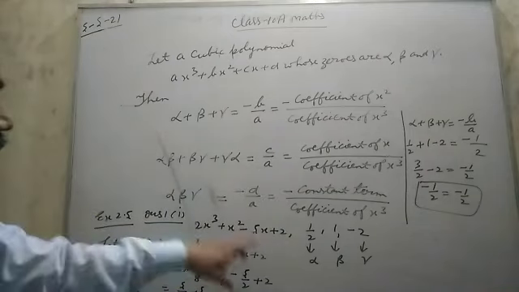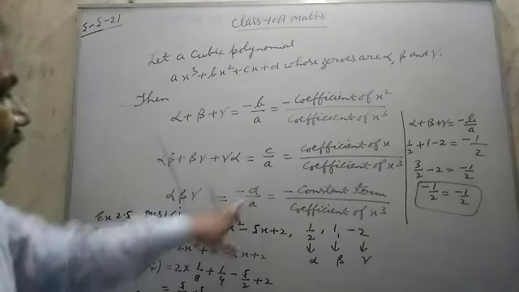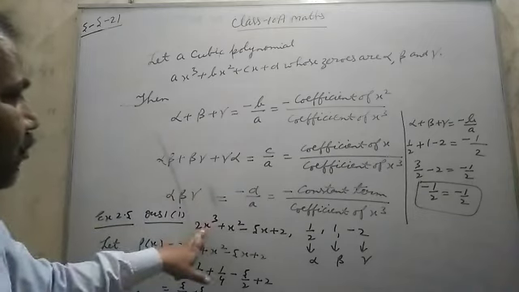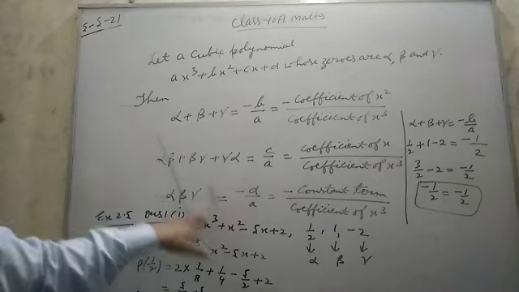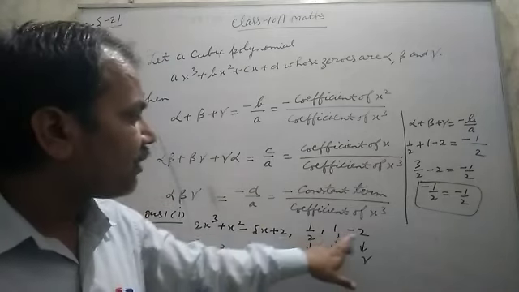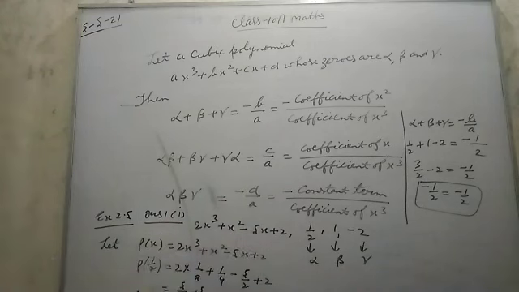And third one, putting alpha beta gamma their values, and in right hand side d, that is 2, and a is 2, so minus 2 upon 2, minus 1, and here alpha beta gamma, so 1 by 2 into 1 into minus 2, 2 cancels, so minus 1 is equal to minus 1, that also verified.